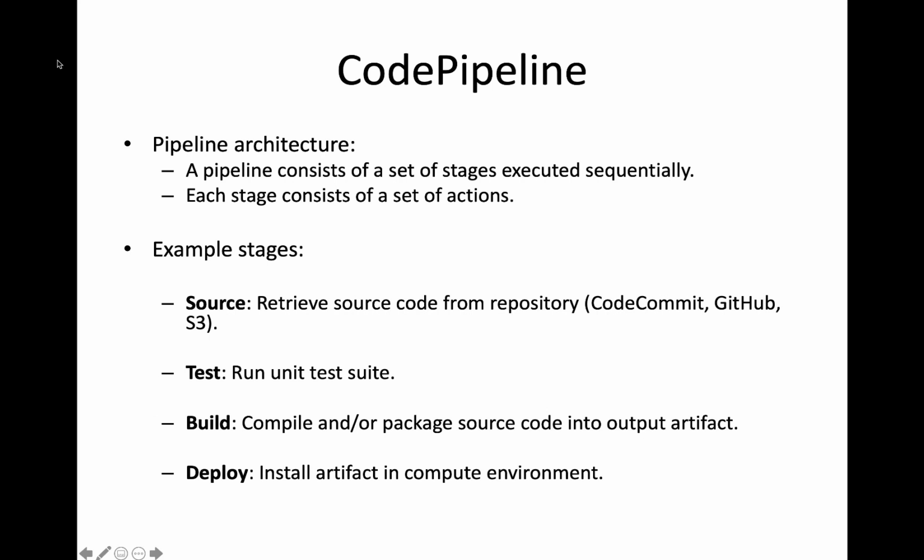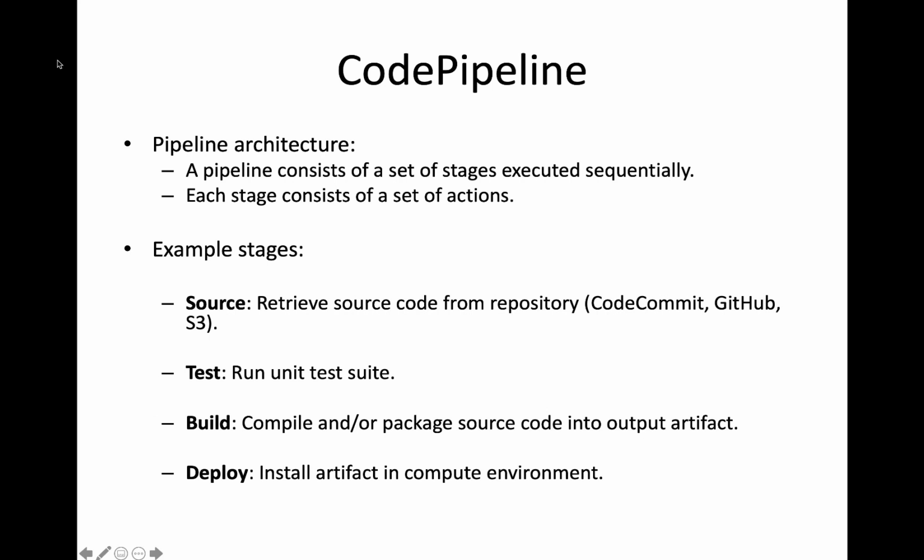And there are a number of different types of stages you can create, and I've listed a couple examples for you. You could create a source stage, and the source stage would retrieve your source code from a version control repository like GitHub.